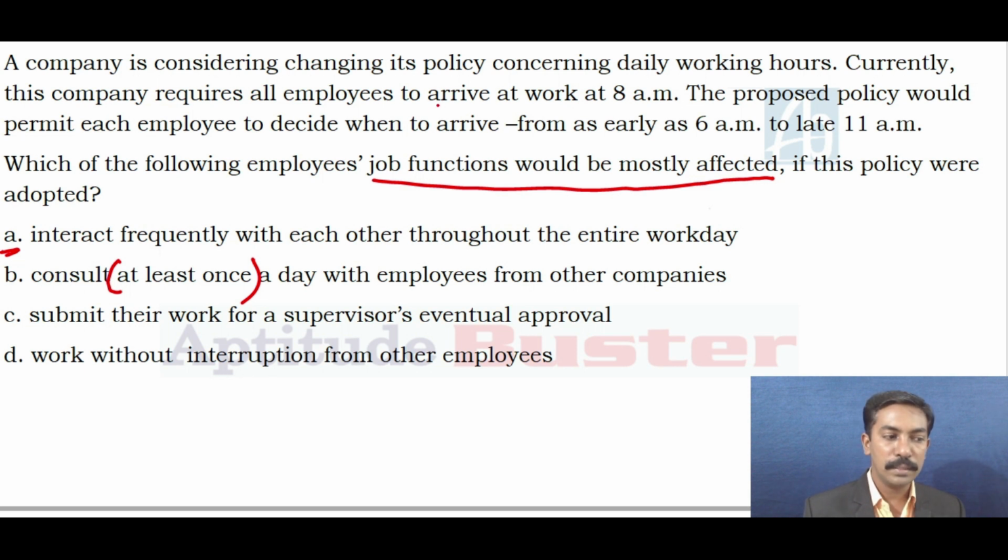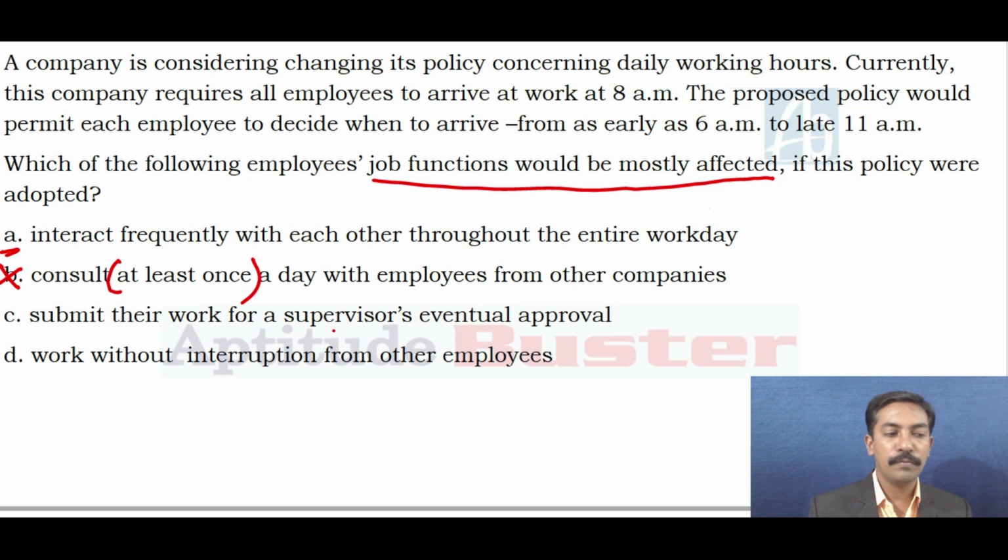From this we can understand this is not a job function that's going to be mostly affected. They can very well consult once a day, even if they report any time between 6 and 11 a.m.